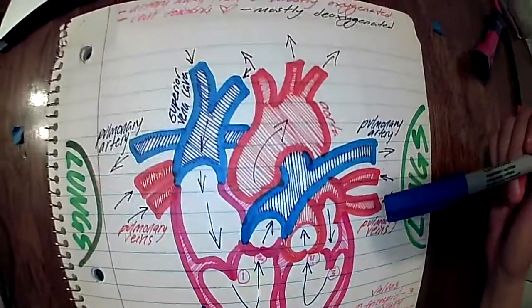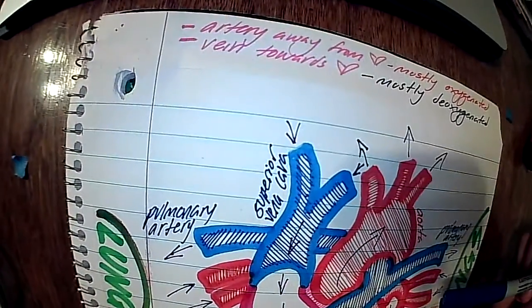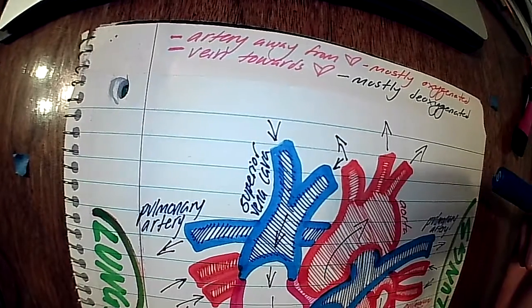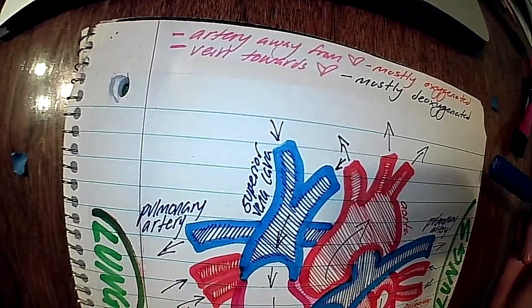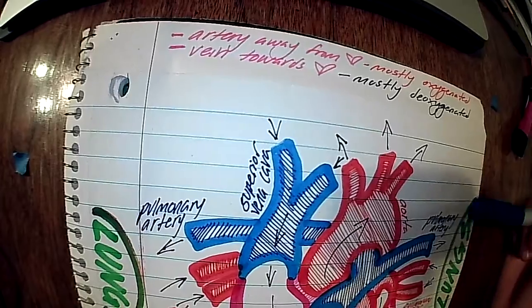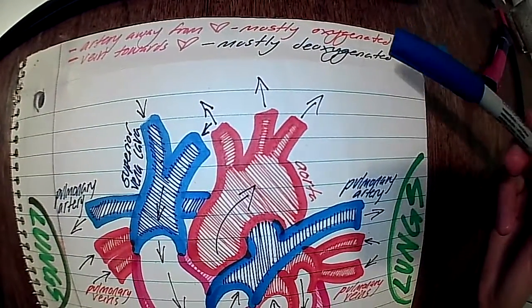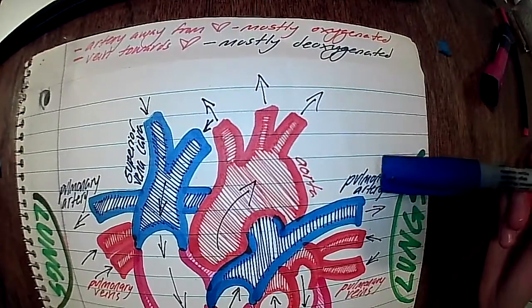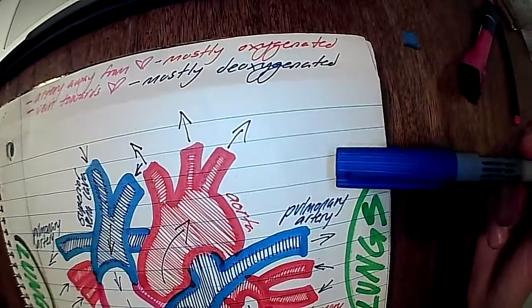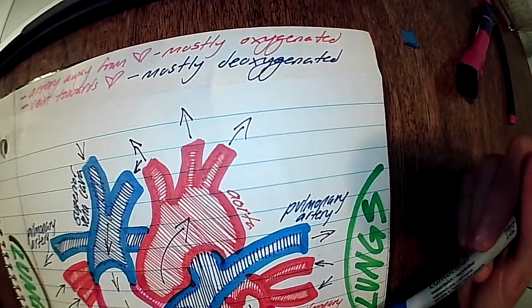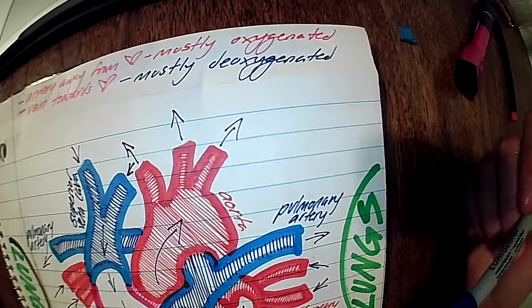And then a quick note about arteries and veins. We associate arteries as going away from the heart and veins going towards the heart. The other thing is we usually associate arteries carrying oxygenated blood, and we usually associate veins carrying deoxygenated blood. Now, I said mostly in both of those just because the exception is your pulmonary arteries and your pulmonary veins.